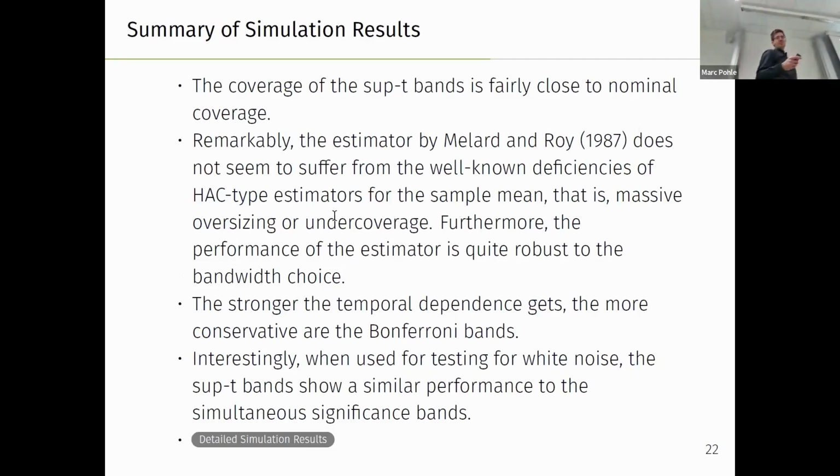I would say it's rather a feature of estimation of sample means under temporal dependence. So those estimators usually lead to oversized tests or undercovering confidence intervals or bands. And remarkably, this does not show up here.